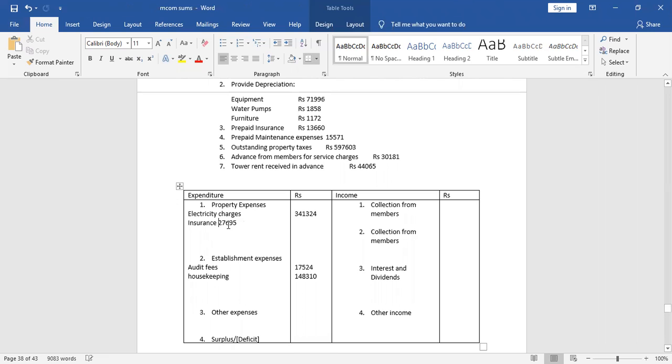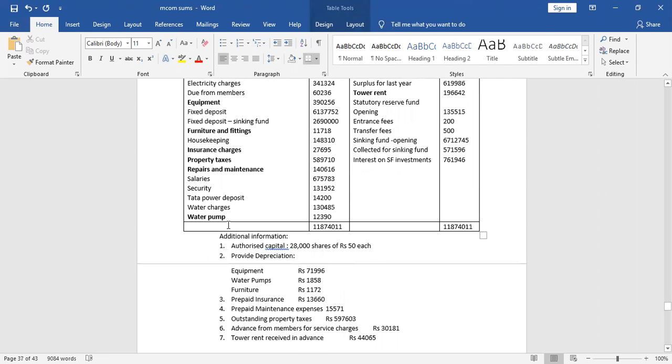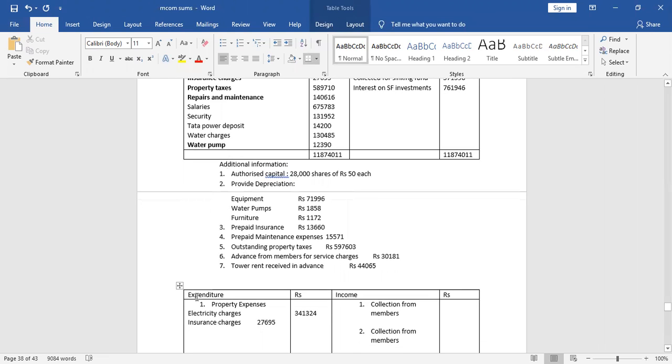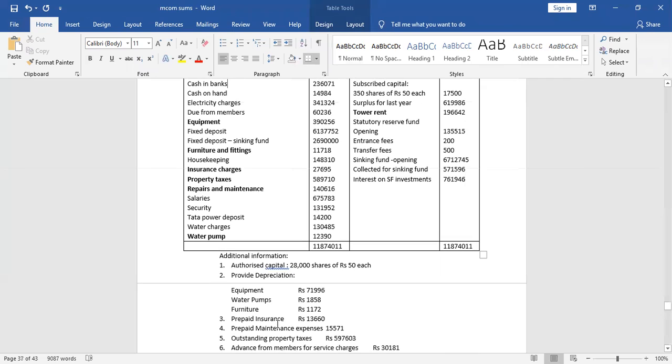After insurance charges, we have property taxes 5,89,710. This is also property taxes. What is the amount? 5,89,710. After this, what we have is repairs and maintenance.